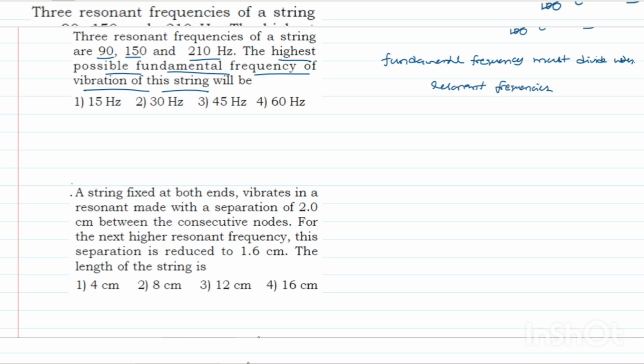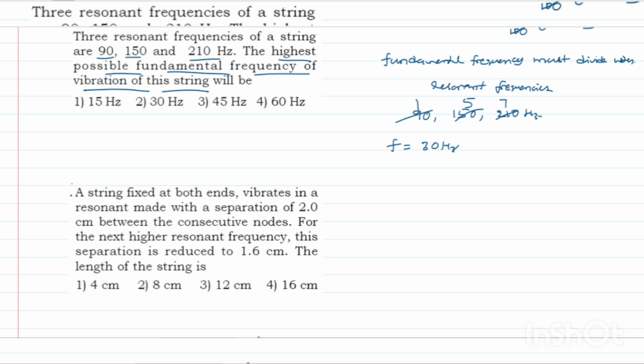So when you are taking here, 90 Hz is given, 150 Hz is given, 210 Hz is given, and here when you take 15, 6 times, 15 10 times you will get, and here it is not going for 210. And the next one, when you take 30 Hz as the fundamental frequency, 3 times, 5 times and 7 times you will get.